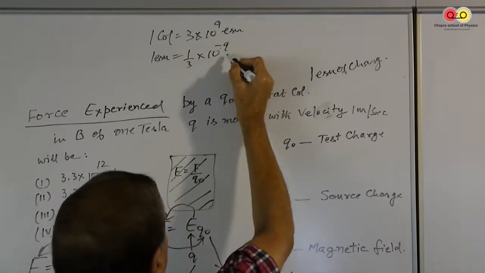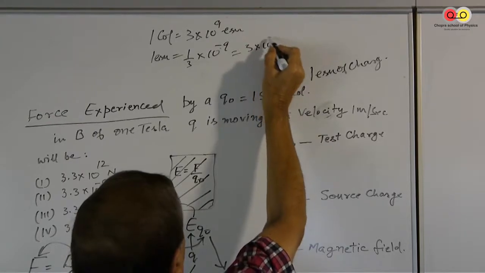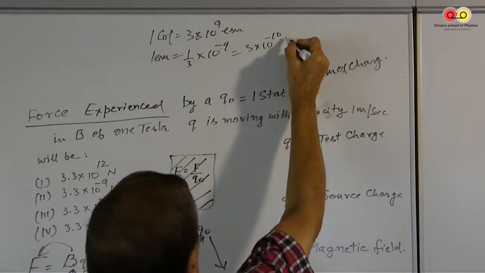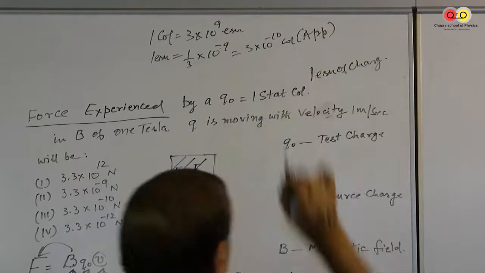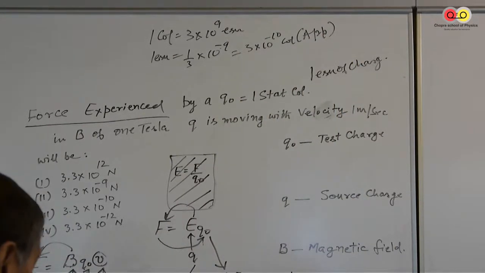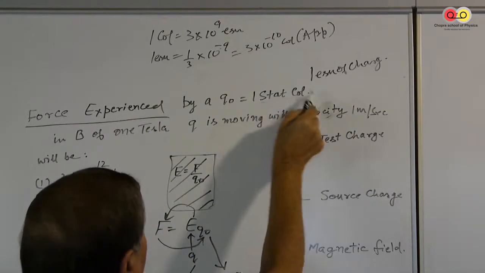So it is generally taken as 3 into 10 to the power minus 10 Coulomb, approximately.